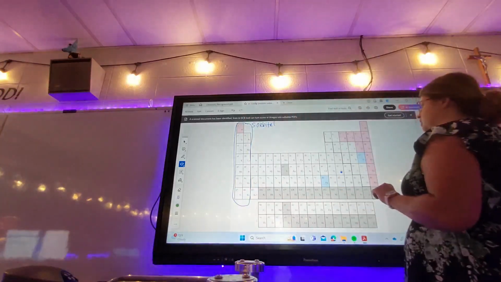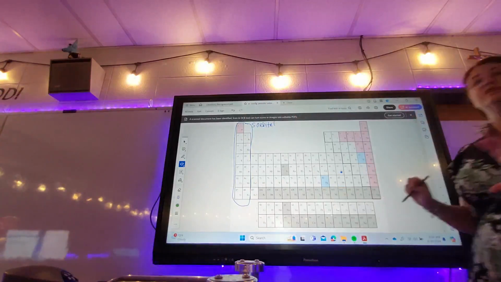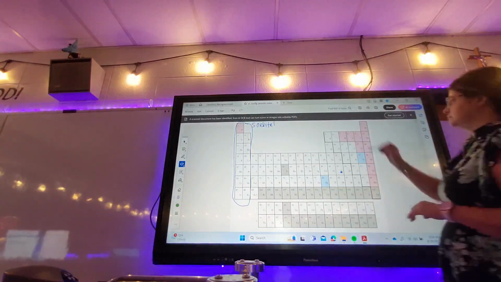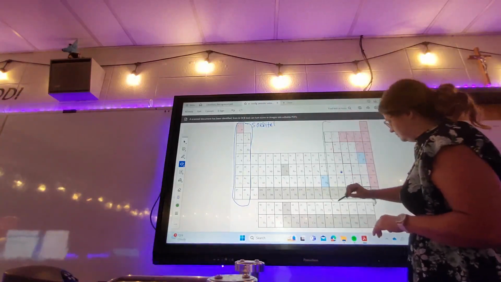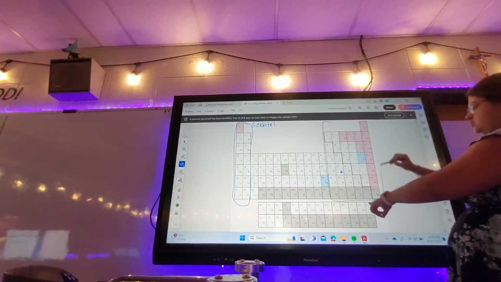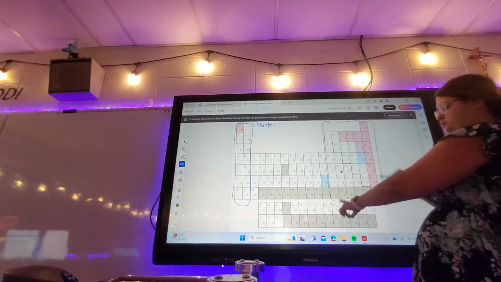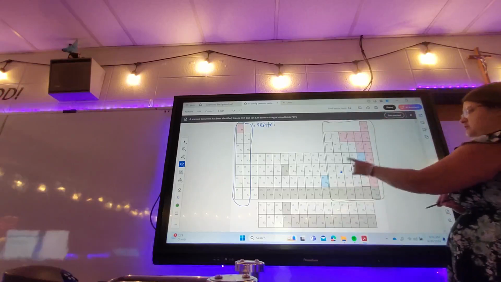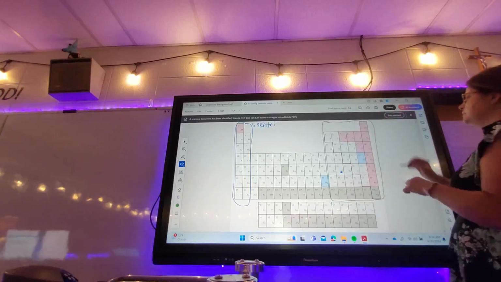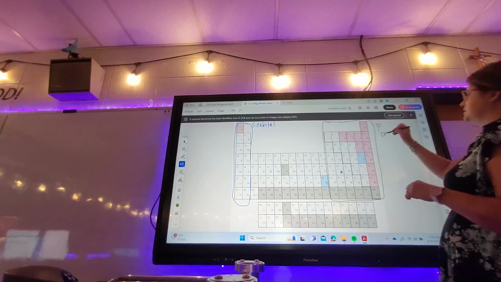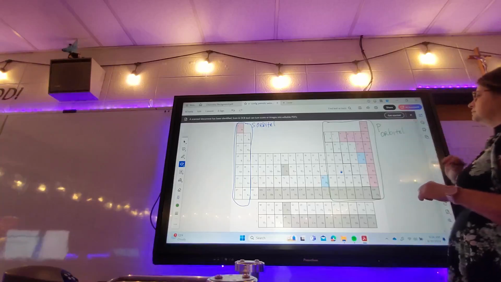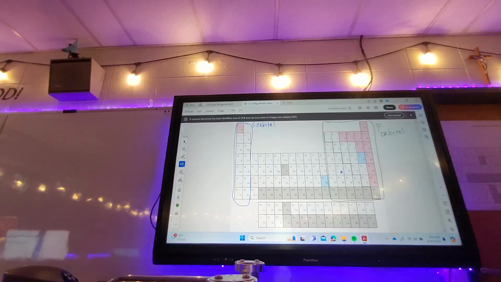The p orbital can hold 6 electrons. So I'm not drawing a circle around those 2 bottom rows. I'm only drawing a circle around these main columns here. This is the p orbital section. Sometimes we call it the p block.